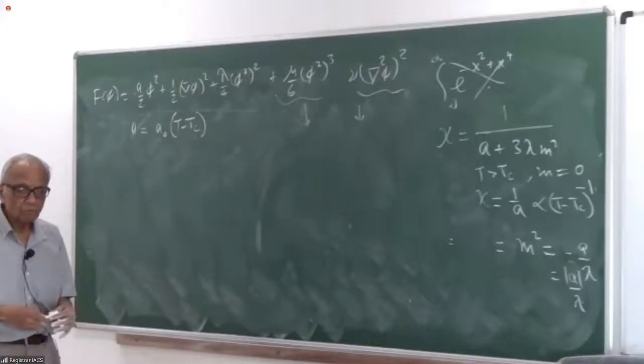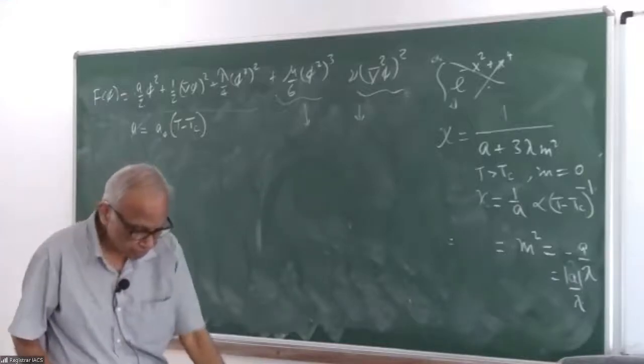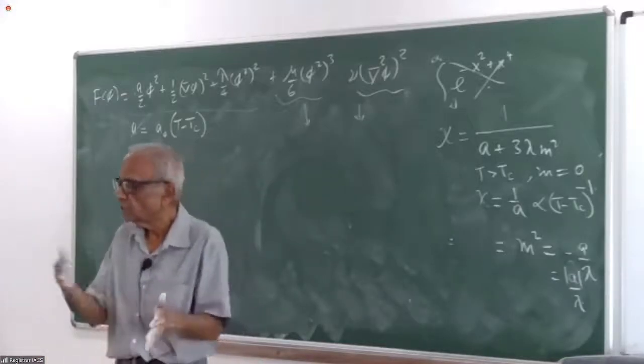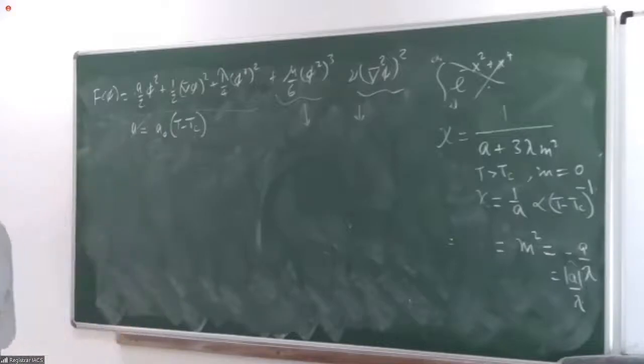But for now, what has happened is that we have finished the mean field theory. We have done mean field for the Ising model. We have done mean field for this continuum model.